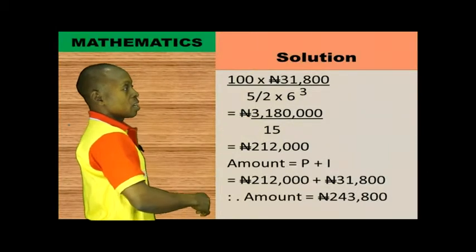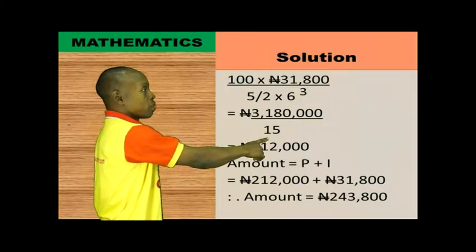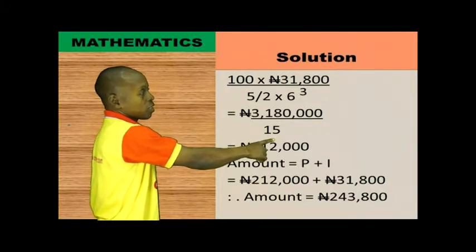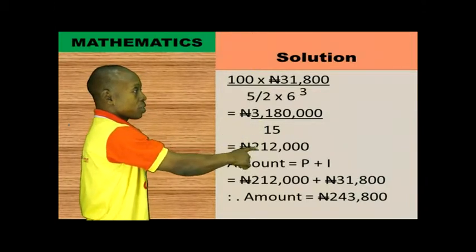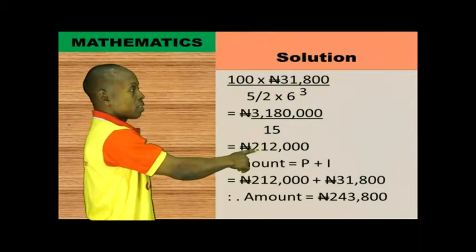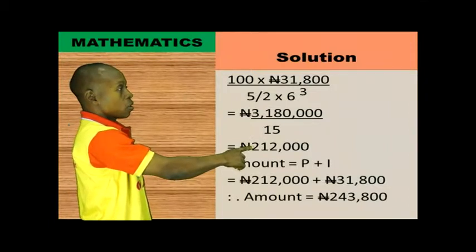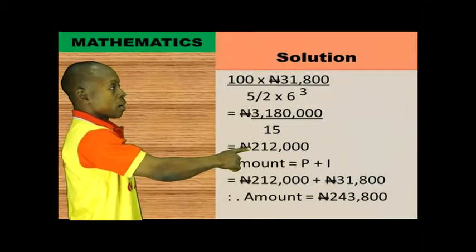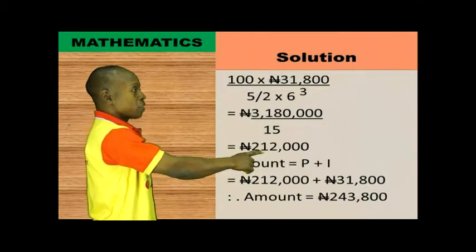That's why you have 3 on top of that. So you have 3,180,000 divided by 15, because 5 multiplied by 3 gives you 15. When you divide 3,180,000 by 15, you have 212,000 naira, and that is your principal. So the principal is 212,000 naira.